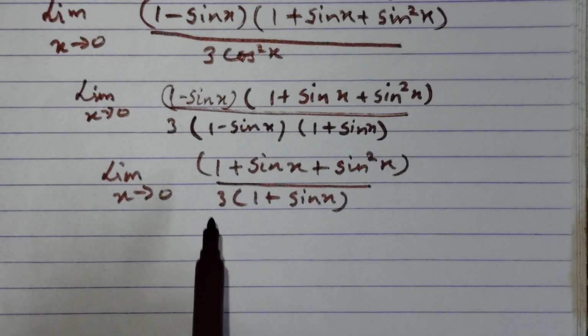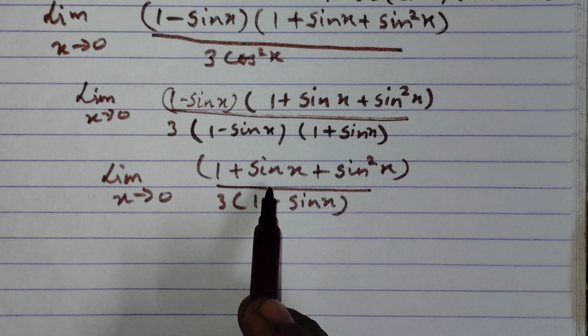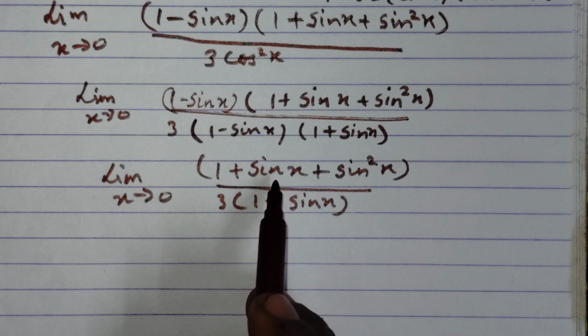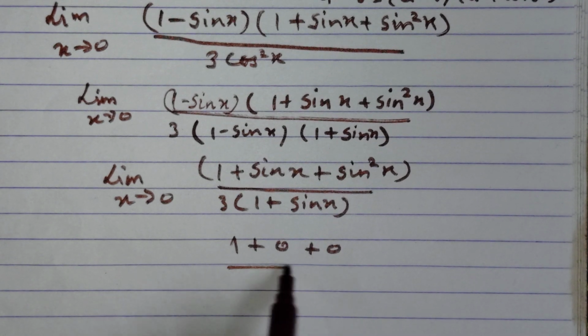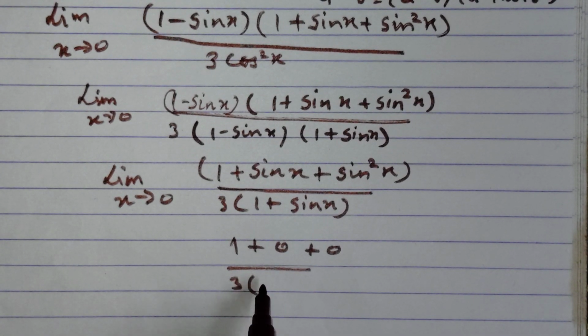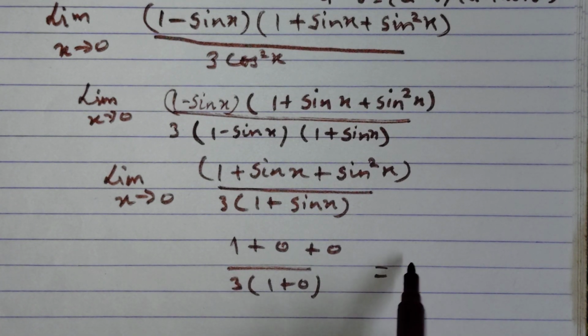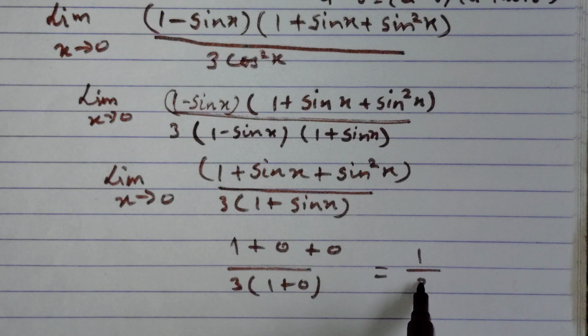We replace x by 0, so sin 0 is 0, so the numerator becomes 1 plus 0, and the denominator becomes 3 into (1 plus 0). So in the denominator we get 3 and in the numerator we get 1. So 1 by 3 is the final answer of this question.